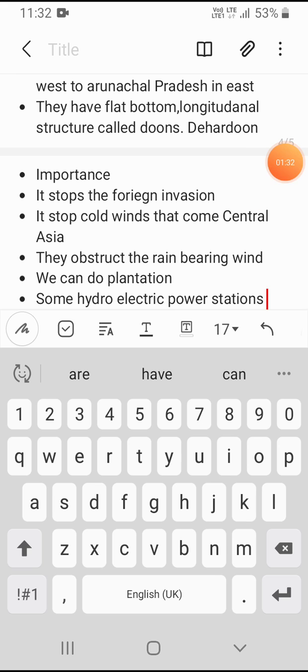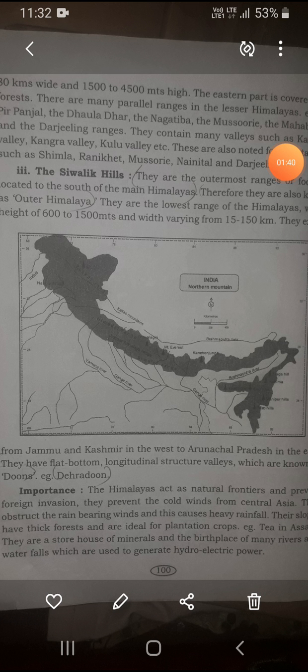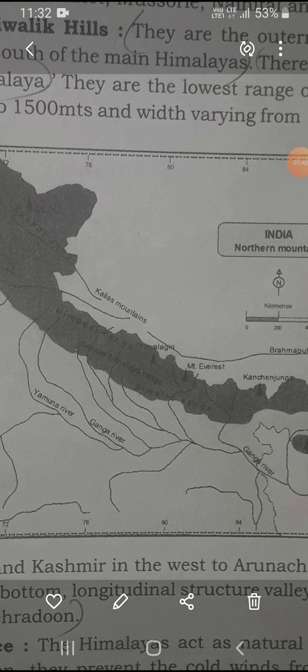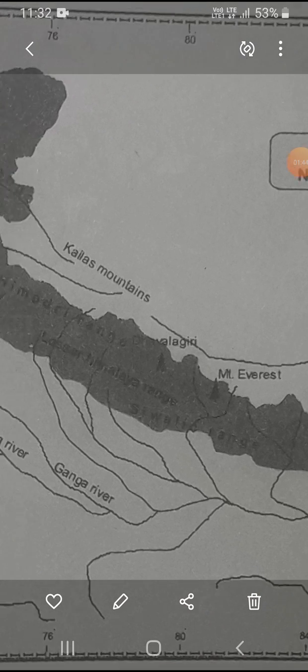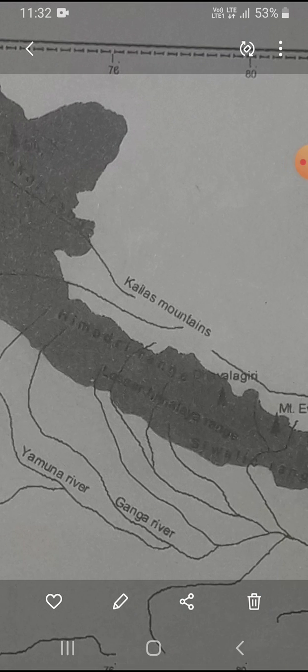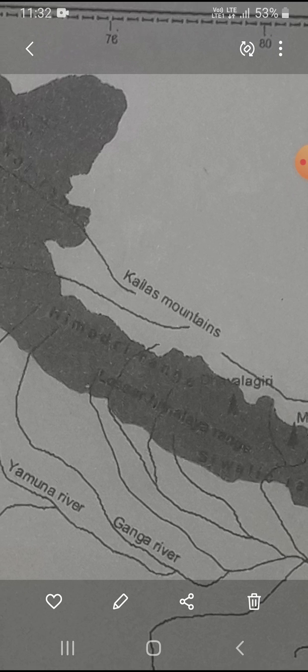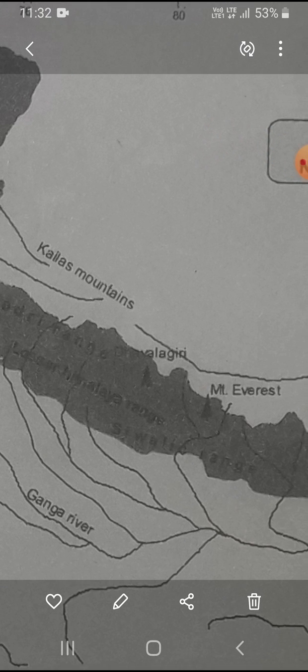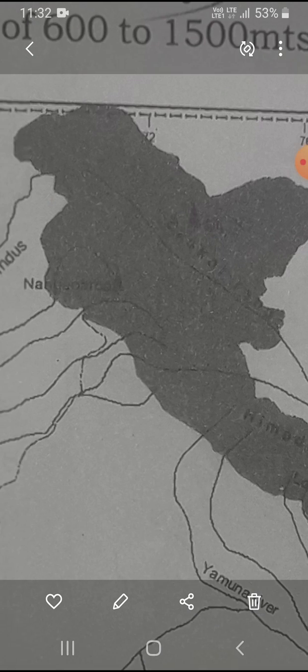One minute, I will show you the Shivalik Hills in your textbook map. This is your textbook. Here you can see Kailas mountain, and here Himachal, the lesser Himalaya. Here you can see Shivalik Hill and Mount Everest, the highest mountain of India.